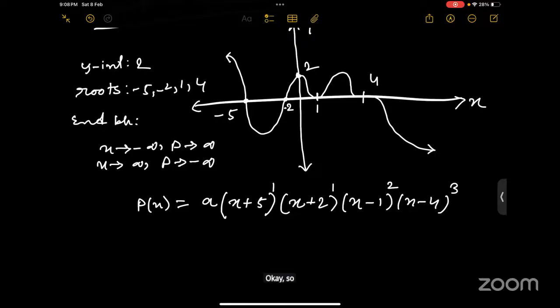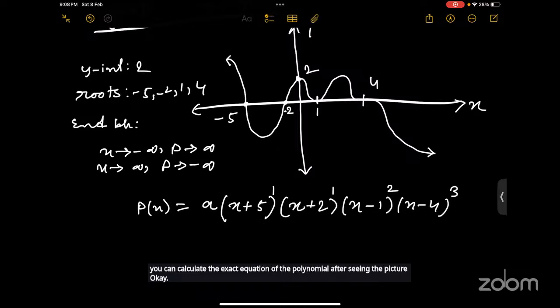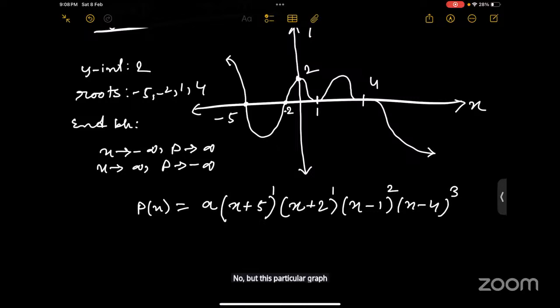This graph can have many different types of polynomials then. Yes, we can have different types of pictures, and you can calculate the exact equation of the polynomial after seeing the picture. Madam, but this particular graph which you have given will also have different types of polynomials, no?